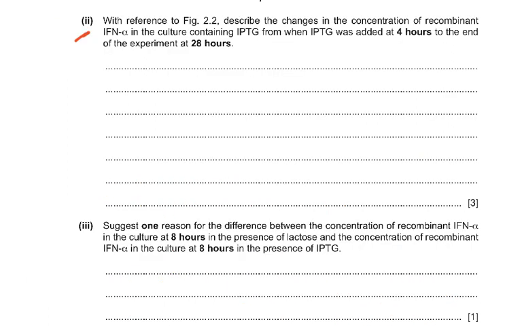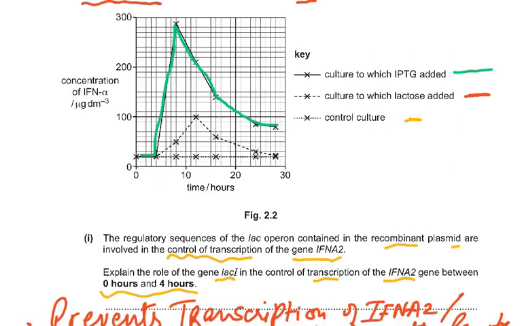Then coming to part 2, with reference to figure 2.2, describe the changes in the concentration of recombinant IFNA in the culture containing IPTG from when IPTG was added at 4 hours to the end of the experiment at 48 hours. So the concentration of recombinant IFNA in the culture containing IPTG. Now if you look at this culture to which IPTG was added, what is described?